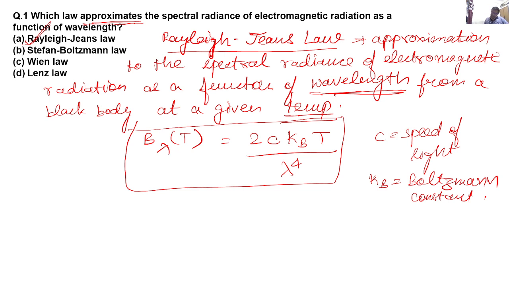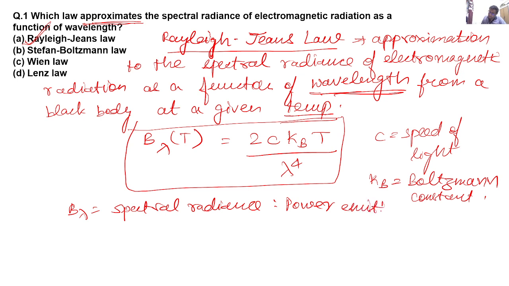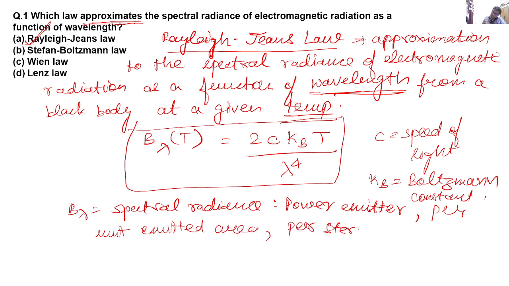Okay, so B lambda is the spectral radiance, which in descriptive terms is the power emitted per unit emitted area per steradian per unit wavelength.